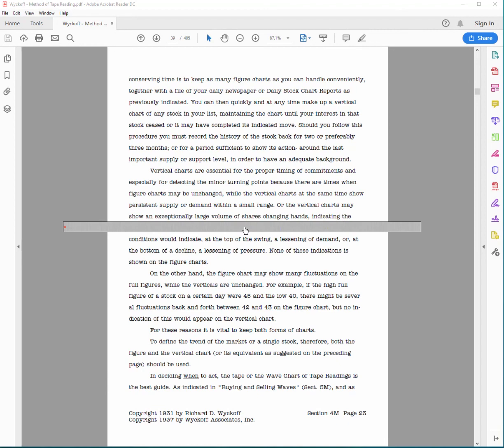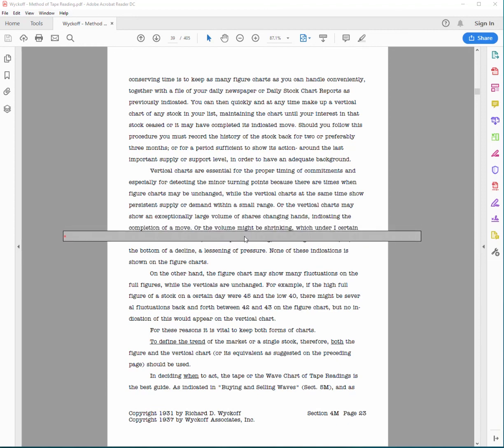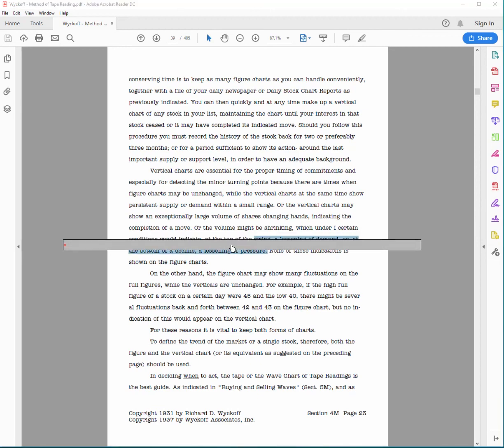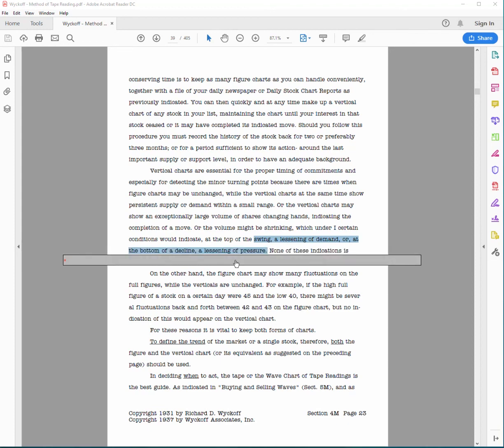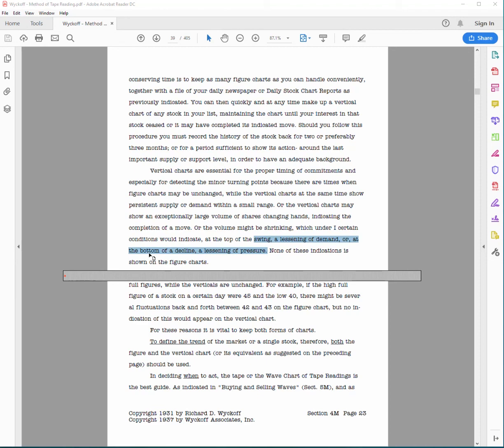Or the vertical charts may show exceptionally large volume of shares changing hands, indicating the completion of a move, or the volume might be shrinking, which under certain conditions would indicate the top of a swing or lessening of demand, or basically the volume in the vertical chart and the number of bars.